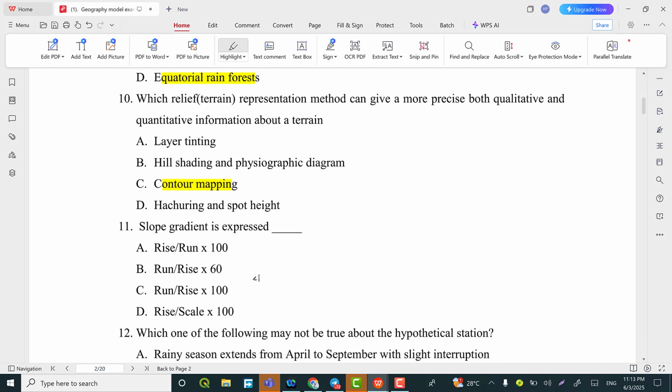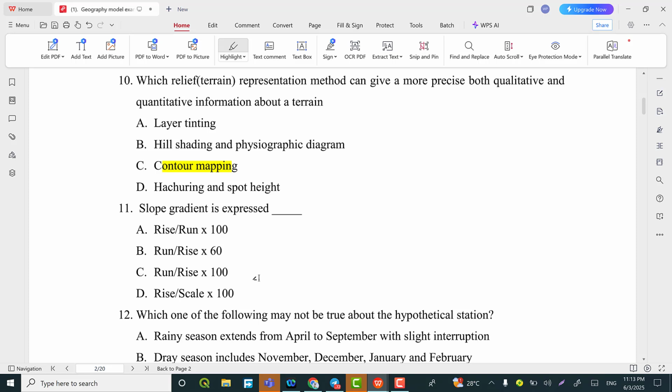Question number 11. Slope gradient is expressed as rise over run times 100, run over rise times 60, run over rise times 100, rise over scale times 100. As you know, slope is the inclination of a certain geographic area, and a slope can be expressed in terms of degree, in terms of percent, and in terms of gradient.